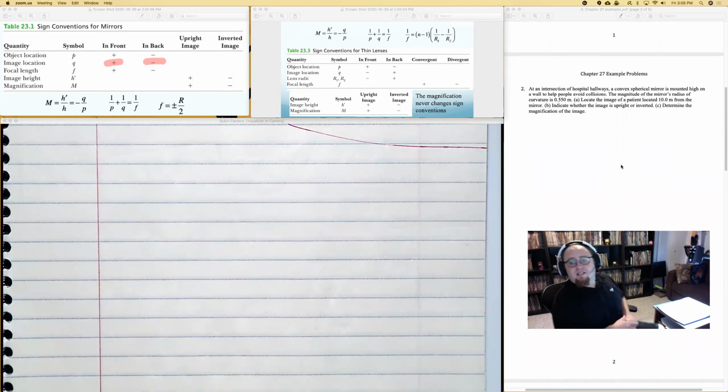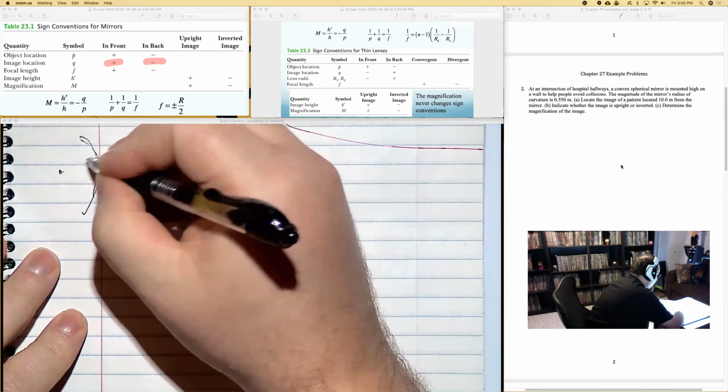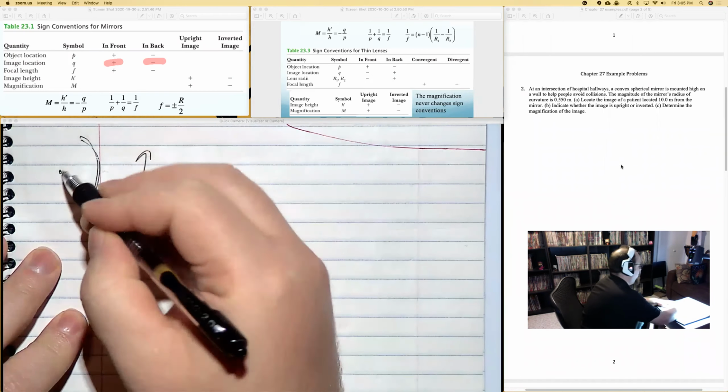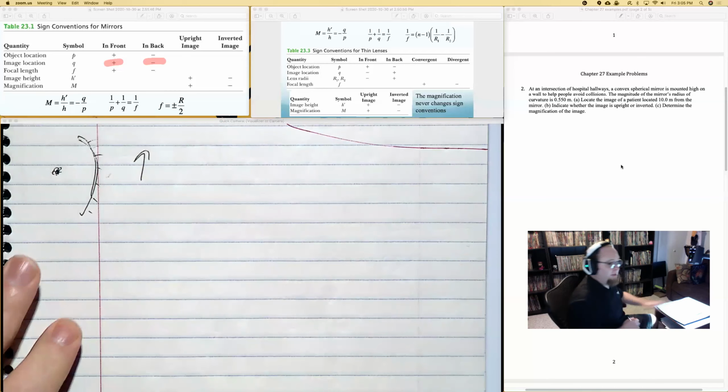This one says, at an intersection of a hospital hallway, a convex spherical mirror is mounted high on a wall to help people avoid collision. So convex mirror means we're looking at the outside of the radius of curvature, where the shiny side is this way and the radius is in the middle.